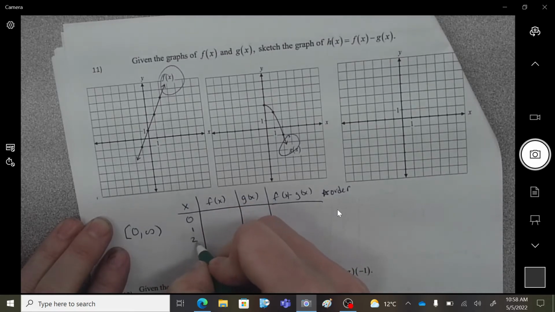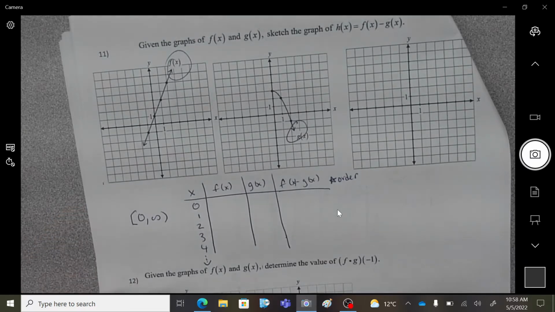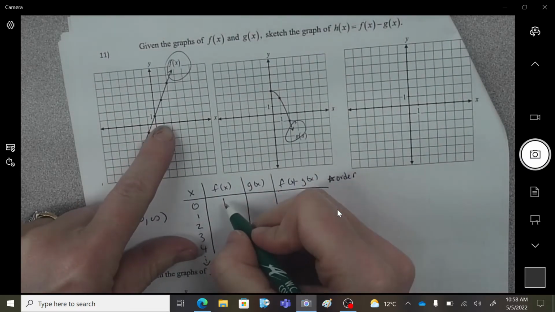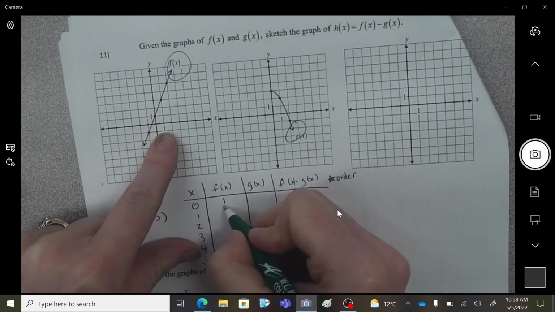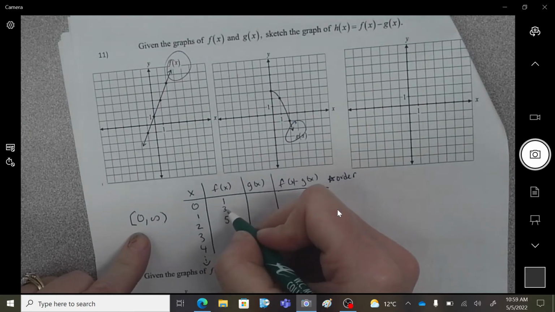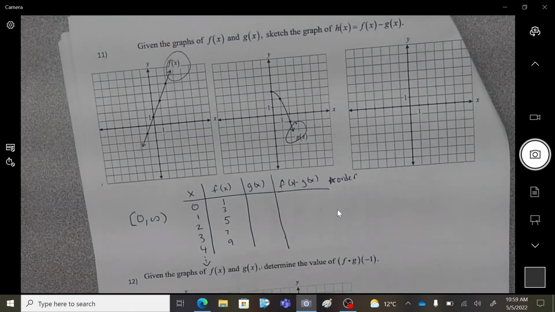So 0, 1, 2, 3, 4, I'll pick that, but we do keep going. So the f function, so 0 has a height of 1, and then we're at a height of 3, then we're at a height of 5. Okay, so we're obviously going to be going up by 2s there.